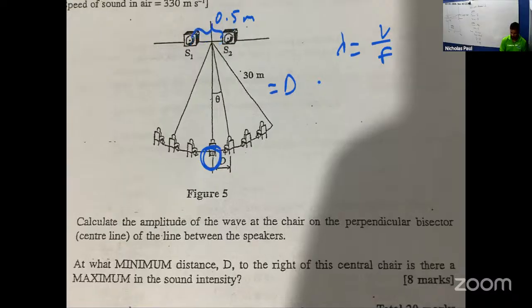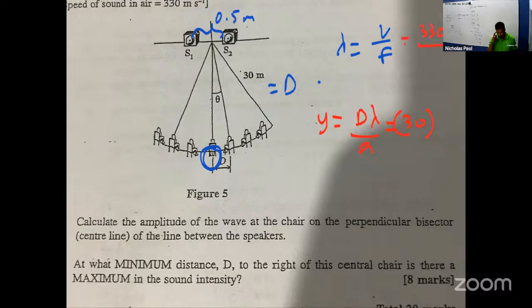We're using y is equal to d lambda over a. We're interested in finding y. We know that d is 30. We know lambda from earlier.